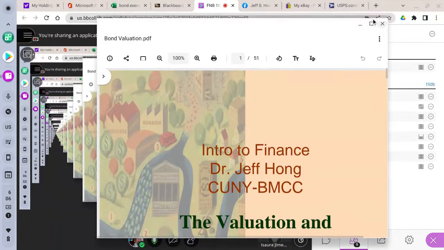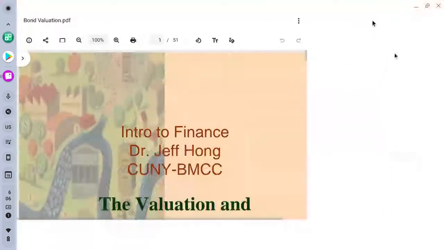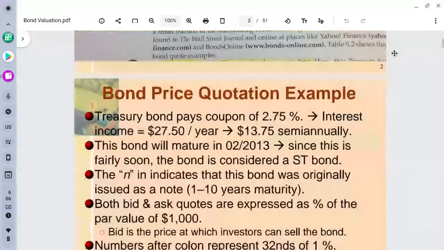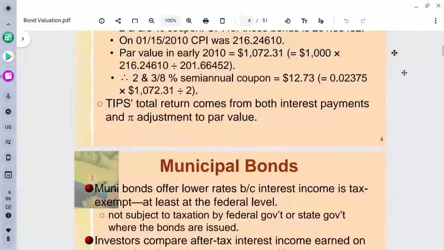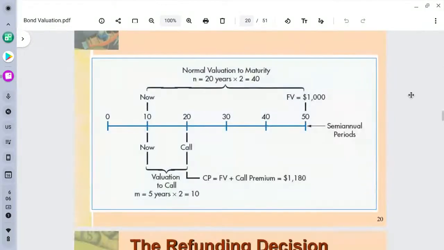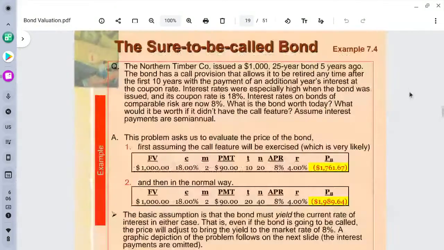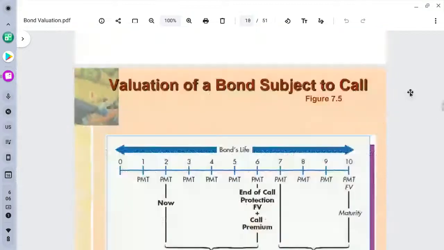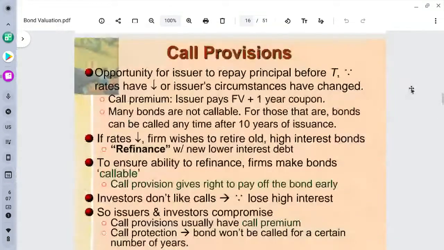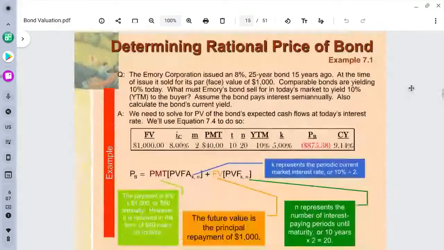So today, with this question, we were just about here doing this example, right?